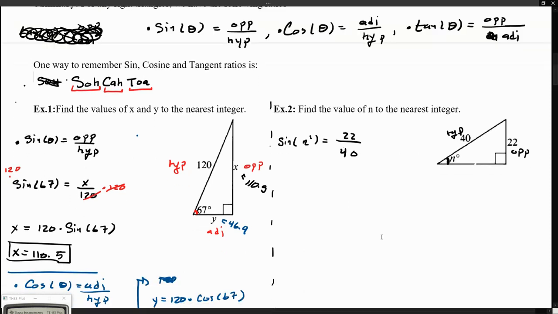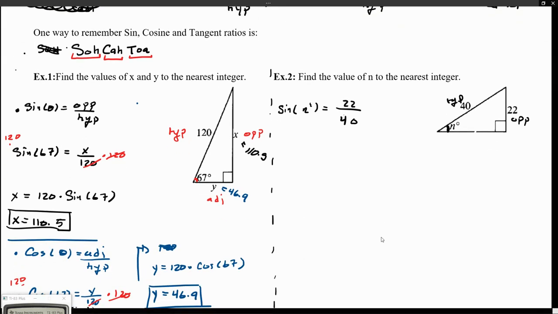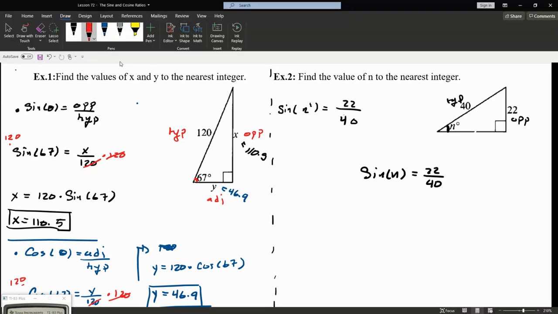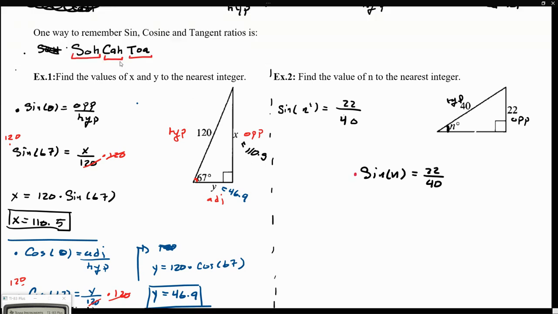Now, to properly solve for N, I'm just going to rewrite it here in the middle. So this is 22 over 40. And again, we want to solve for N. In other words, we've got to get rid of the sine. And just like we did yesterday with the tangent function, we can do the same with the sine function.